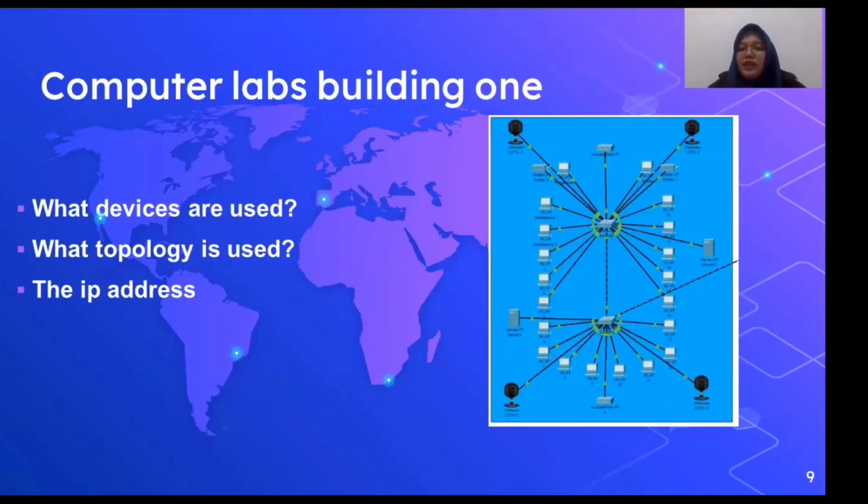Computer Labs Building 1. What devices are used? In the Computer Lab Building 1, there are 20 PCs, 4 CCTVs, 2 servers, 2 printers, 2 switches, and 2 access points. What topology is used? The topology used is star topology.